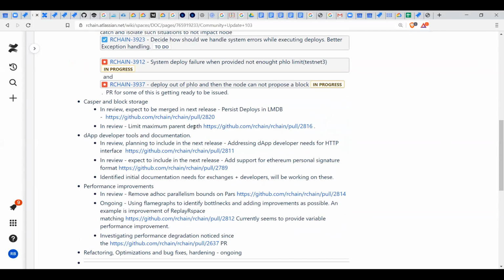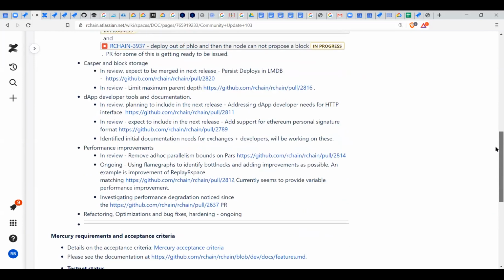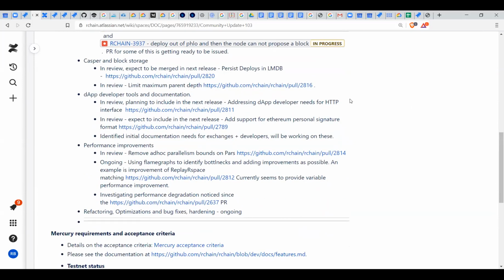It should help mergeability also when we do that. And then persisting the deploys in LMDB is a ticket. Both of these are in review right now, should be available in the next release when we get to it. So that's in Casper and block storage.